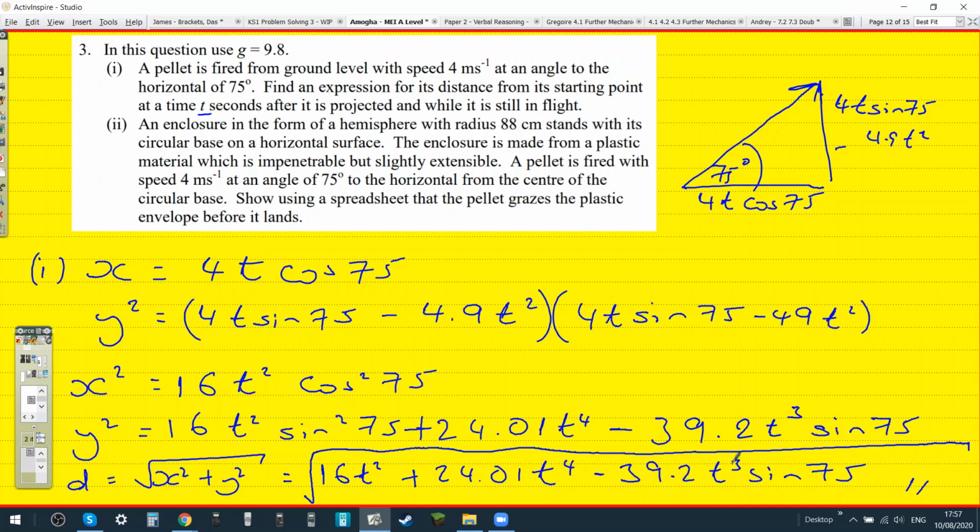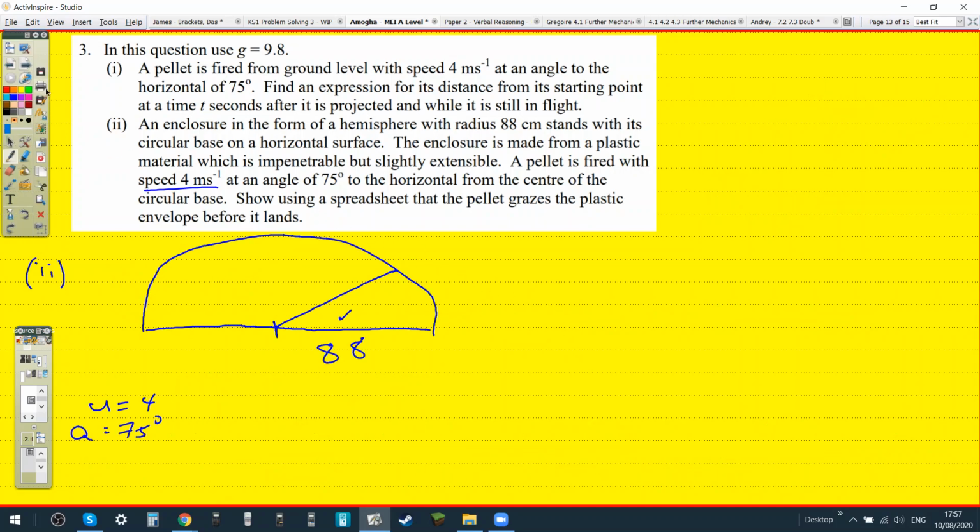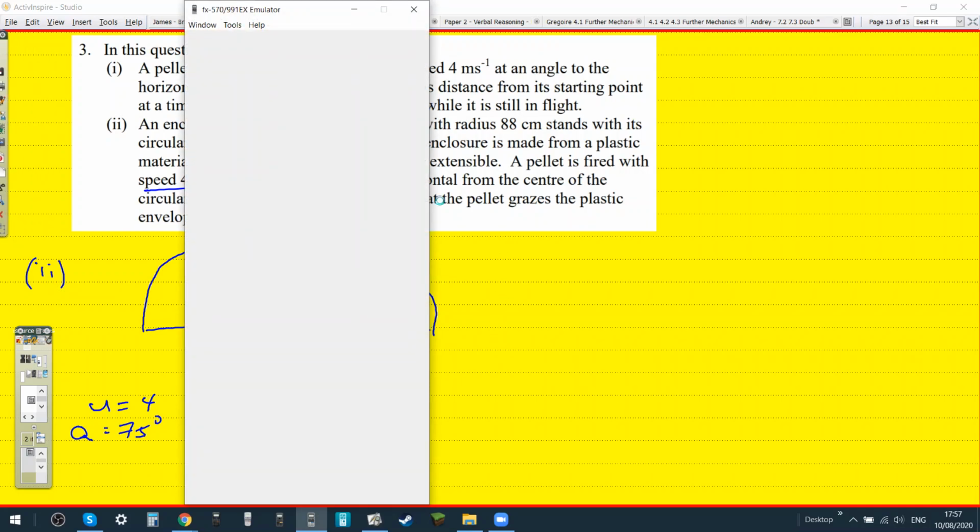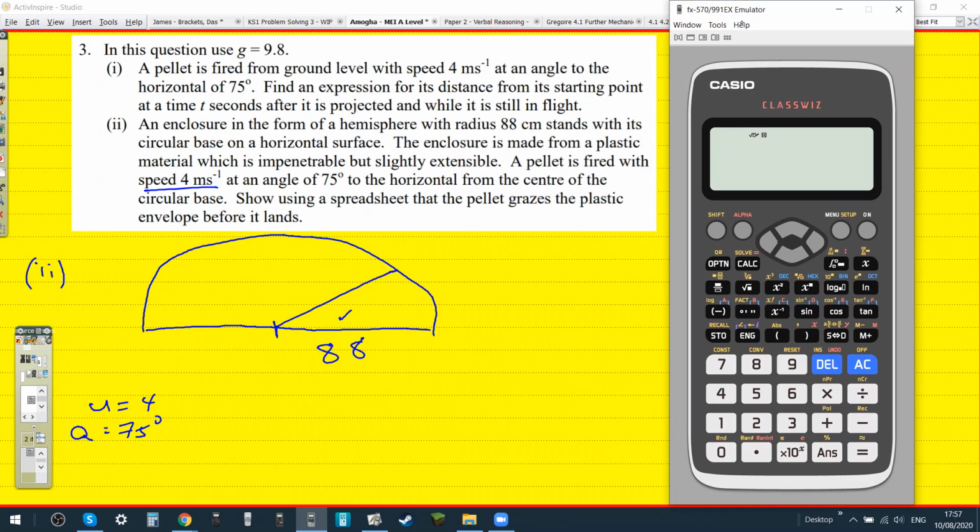Oh, you sub in different values for T. Is that right? Oh, that's why you need a spreadsheet, so you can do different values. Do it on the calculator, but I don't know how.